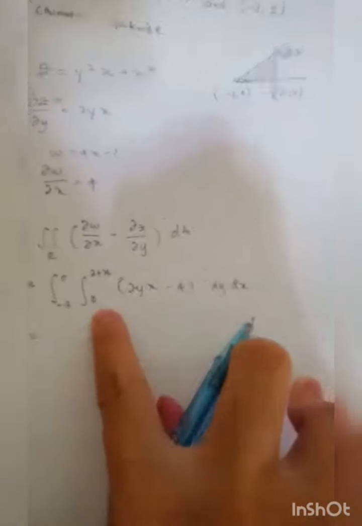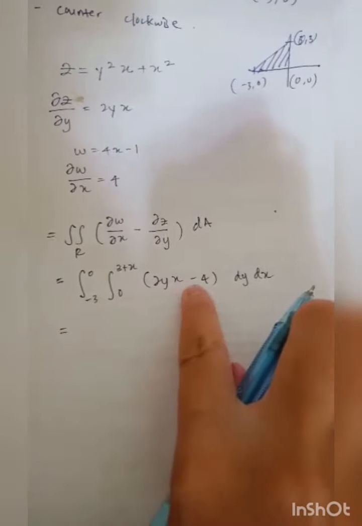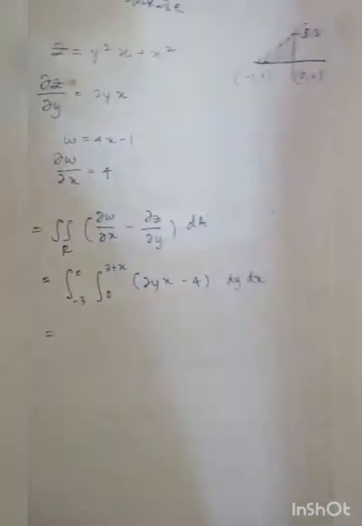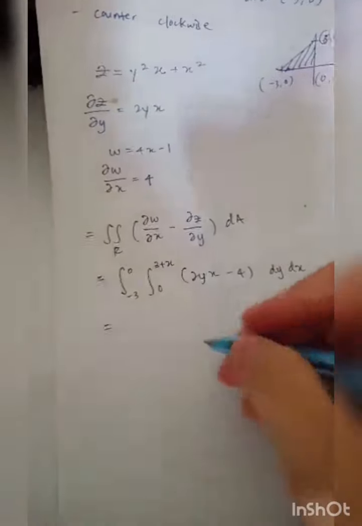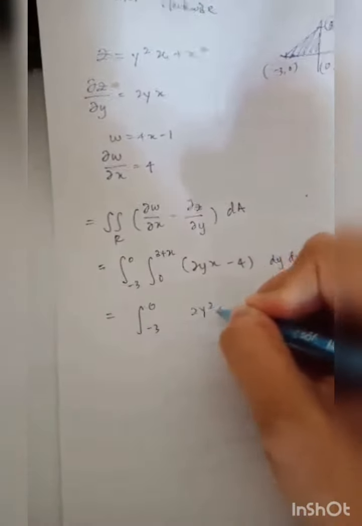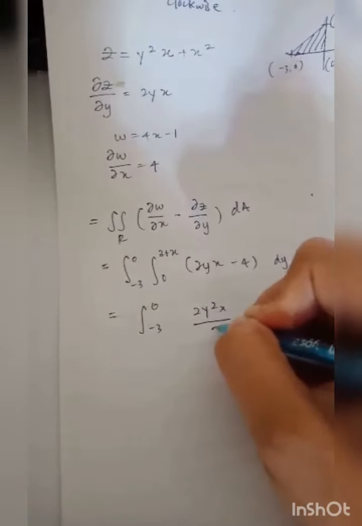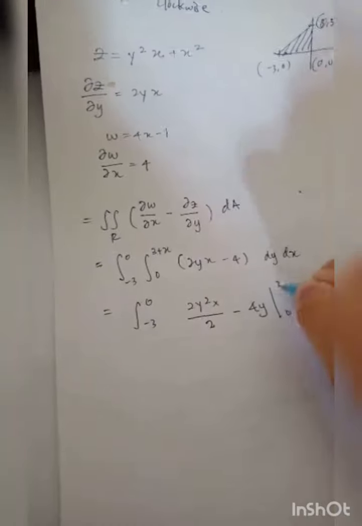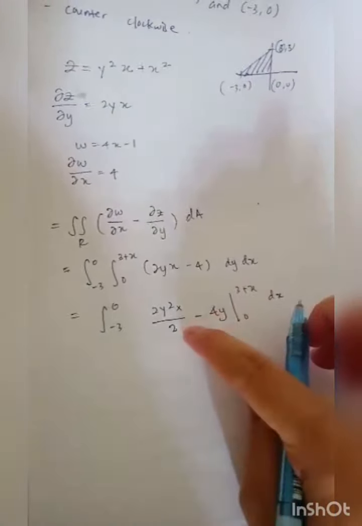First, we need to integrate this equation by using this lower limit and upper limit. So we will get 2y squared x over 2 minus 4y. Insert the value into this equation.